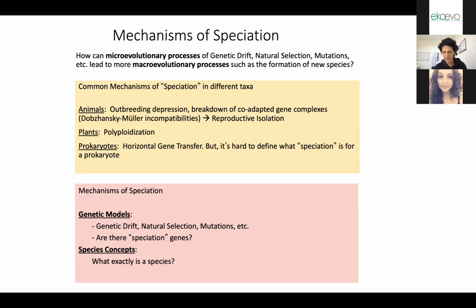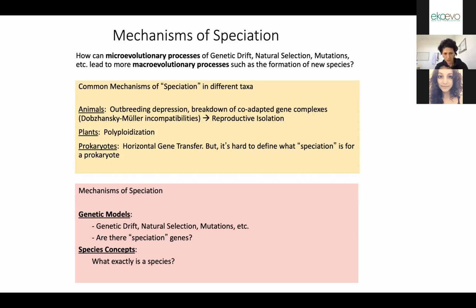In plants, polyploidization is one of the main mechanisms for speciation. And in prokaryotes, as I told, horizontal gene transfer, but horizontal gene transfer, what we know nowadays, is not special to prokaryotic organisms.